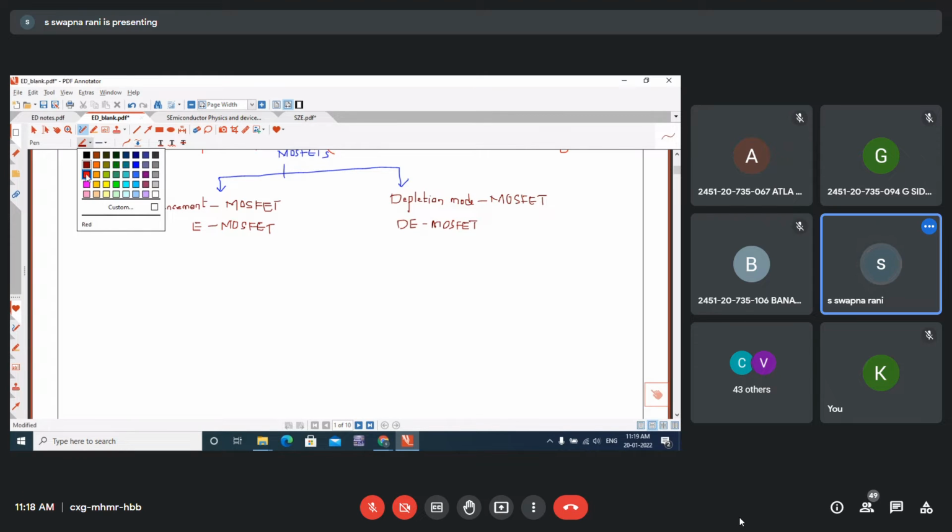You can easily remember depletion and enhancement.